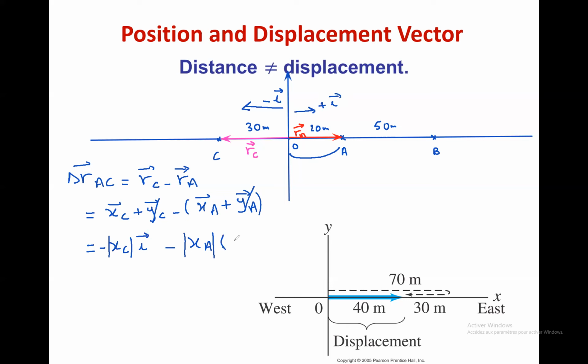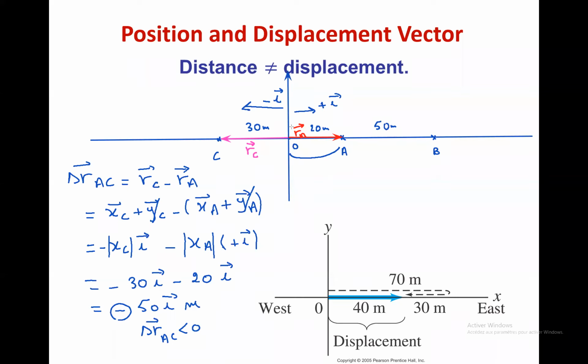Equal XC equal 30 I minus XA equal 20 I equal minus 50 I. You see here negative, so we say delta R AC is negative displacement.